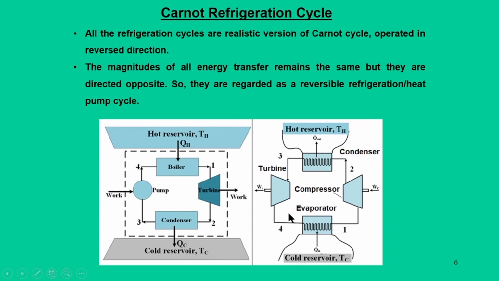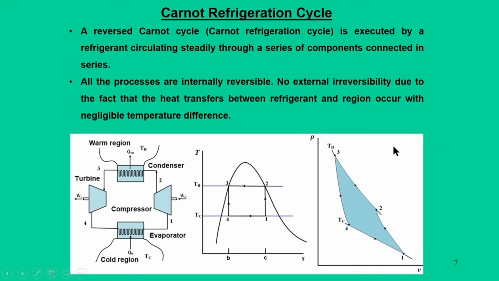This entire thing we call a cyclic device, and this particular thing we call a reversed Carnot cycle. Many a time we also call this a Carnot refrigeration cycle. Instead of using the word reverse, we can also say Carnot refrigeration cycle.